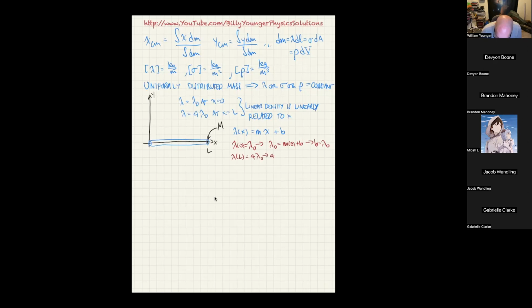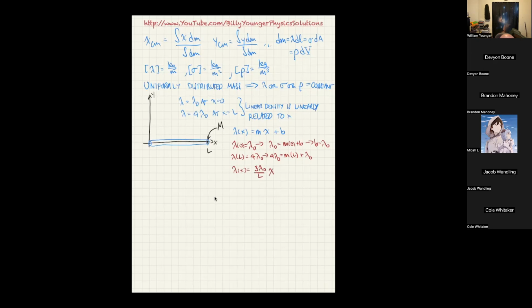So that means 4 lambda 0 is equal to m times L plus what b was, lambda 0. Now if I subtract lambda 0 from both sides, I get 3 lambda 0, and then I divide by L. That means the slope is 3 lambda 0 over L.